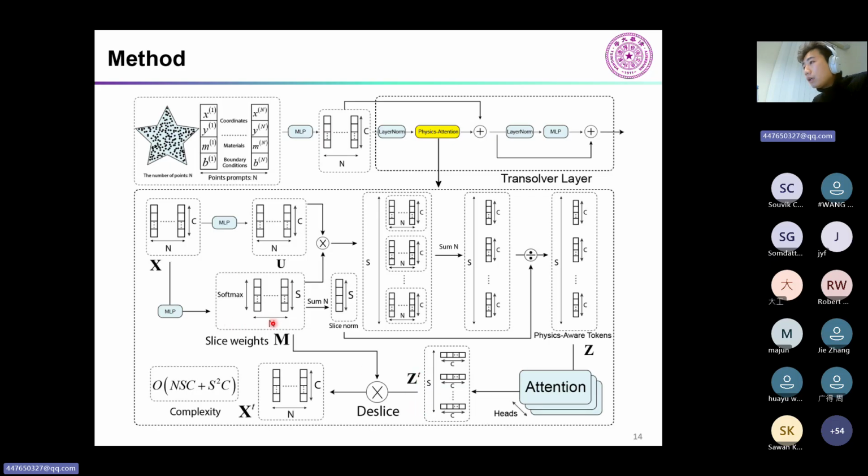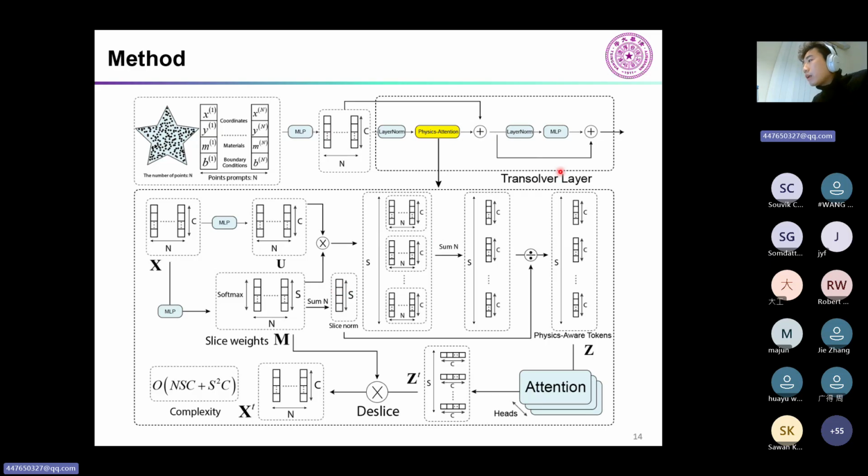For example, this matrix is S by N and this matrix is S by C. So we multiply the matrix by Z transpose, and we get a matrix of shape C by N. Please note that C by N is the same shape as the input. So the input and output shapes are the same, and we can repeat this Transolver layer again and again. It's very like the FNO layer. Okay, there are two key parameters in the Transolver. The first key one is the slice number.